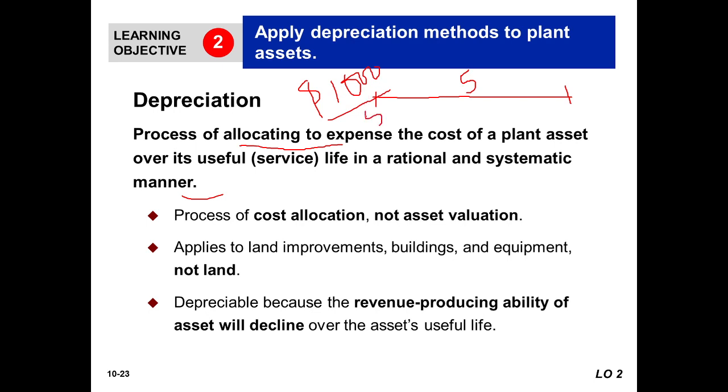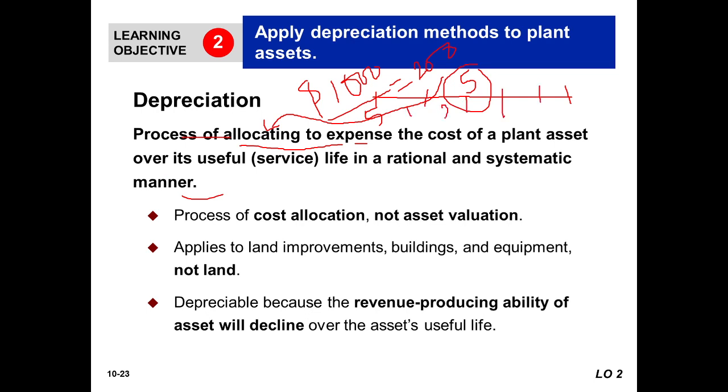After dividing by 5 we get $200. This is the process of allocating to expense the cost of the plant asset over its useful life, 5 years, and per year will be $200.